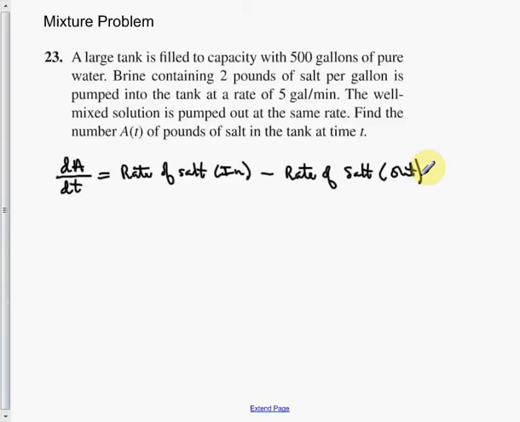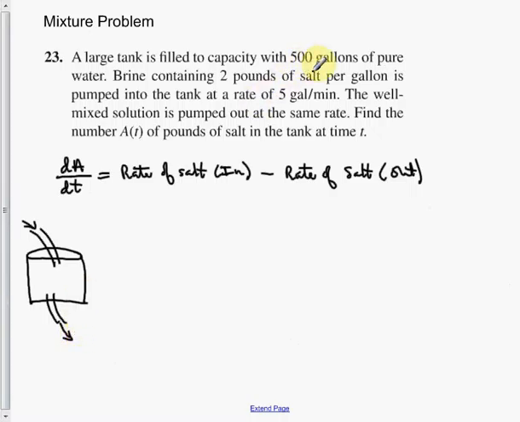So we got some tank. And here we're pumping this brine in, this mixture, this water solution of salt being pumped in. But then you also have that salt content being pumped out.